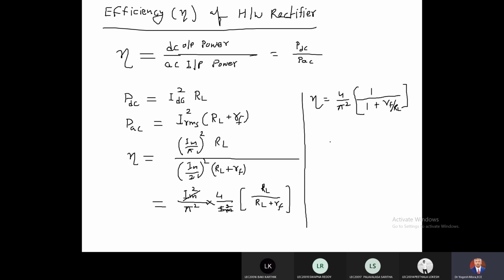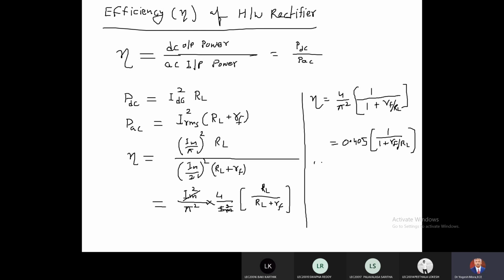So 4 by pi square, you put the value of pi, 3.14, and it's a square. So 4 by pi square is 0.405, and 1 by 1 plus RF by RL.